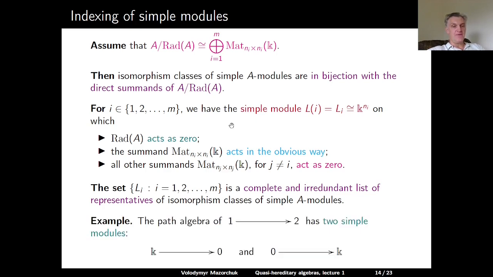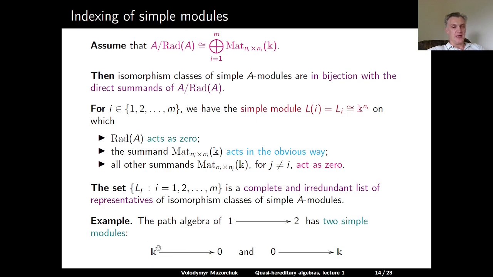For example, if we have the path algebra over the following quiver, we have two vertices, 1 and 2, and one arrow from 1 to 2. This path algebra has two simple modules. Simple modules over path algebras are given by vertices. So we plug in our base field in one of the vertices, and all other vertices and all linear operators are 0.